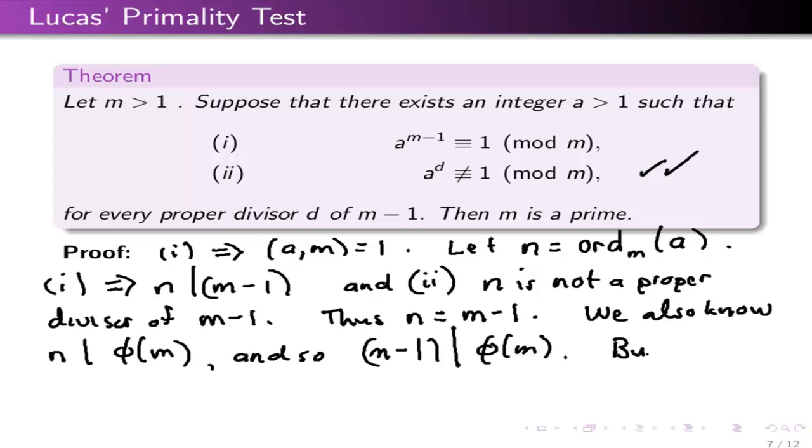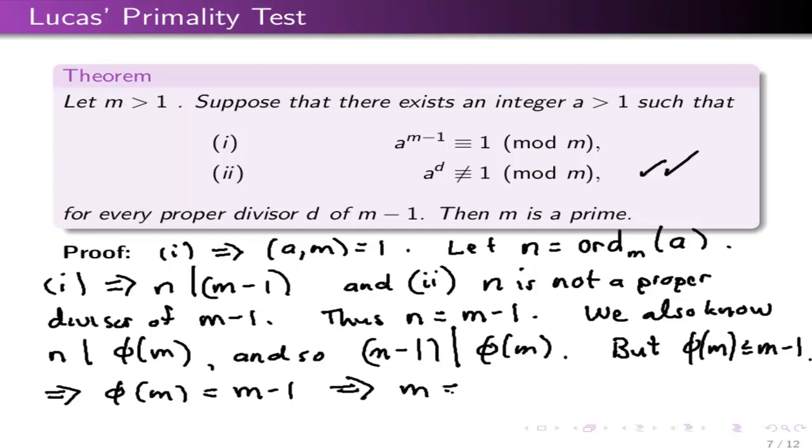But phi of m is at most m minus 1. And so m minus 1 is a divisor of a number that's at most m minus 1. That would tell us, in fact, that phi of m has to equal m minus 1. And what does that mean? That means that every number smaller than m is relatively prime to m, which means that m is a prime. QED.